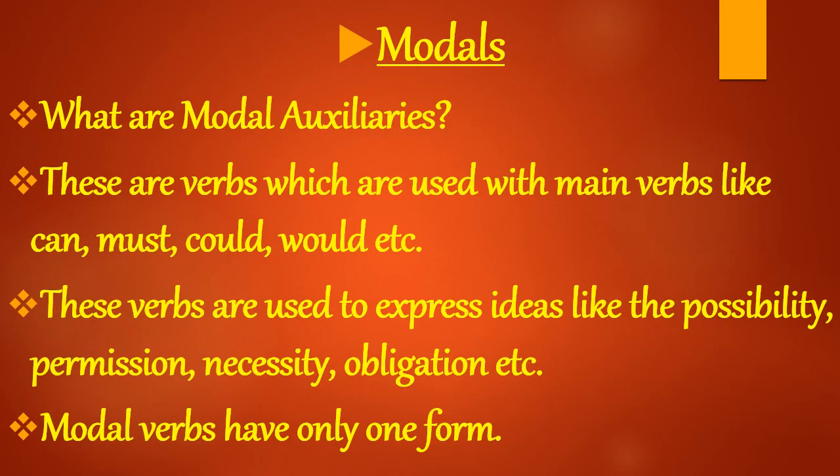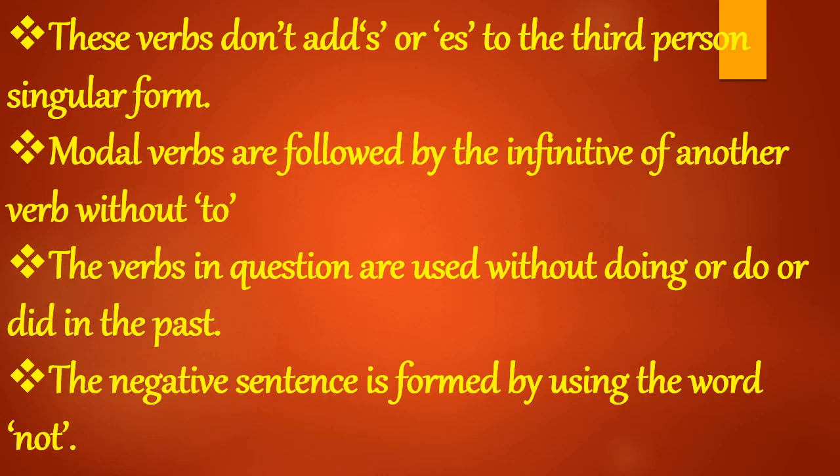Modal verbs have only one form. These verbs don't add s or es to the third person singular form. Modal verbs are followed by the infinitive of another verb without to.